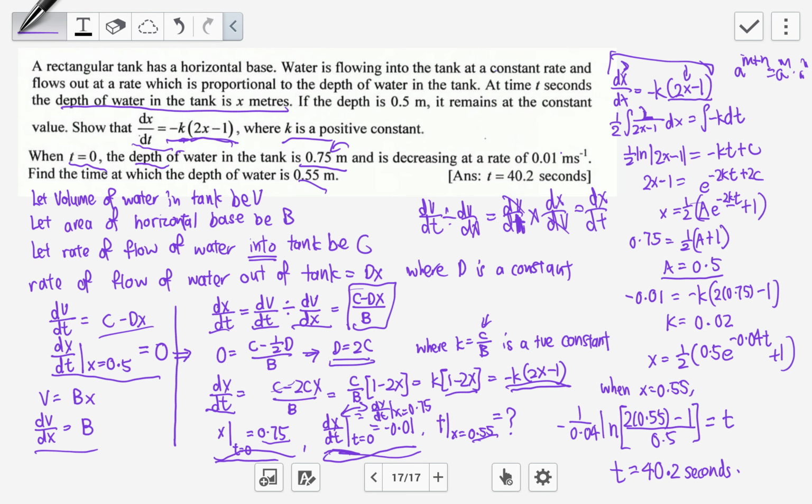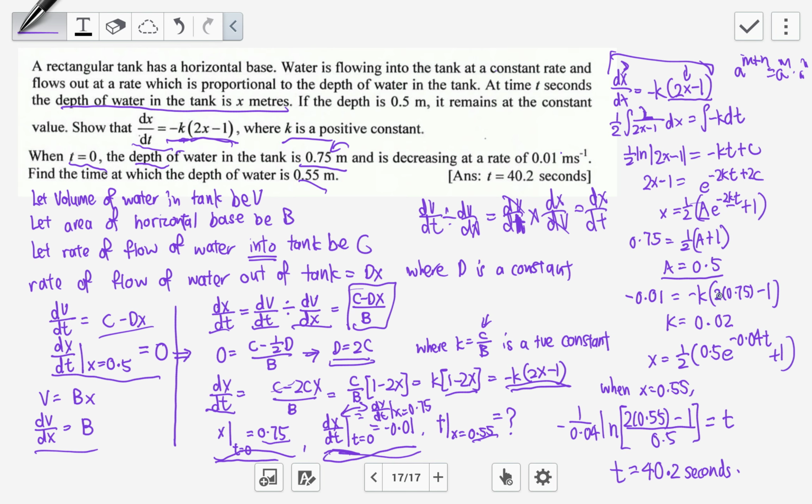Then I'll just make this equal to minus 0.01, minus k, 2 multiplied by x, which is 0.75, minus 1, over here. Then we try to solve for k.